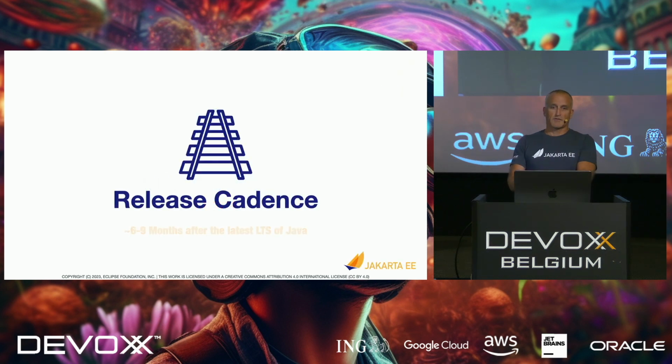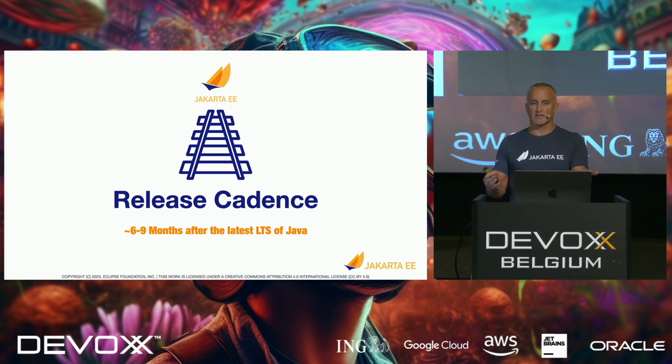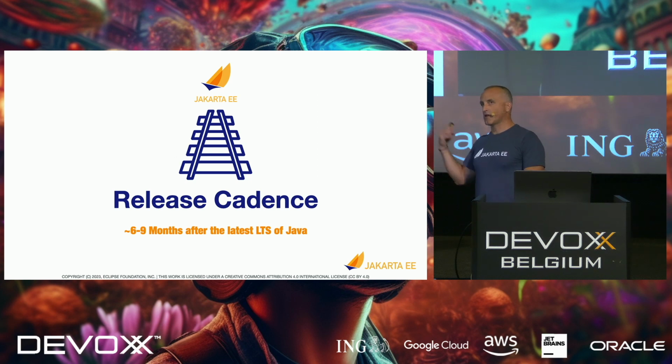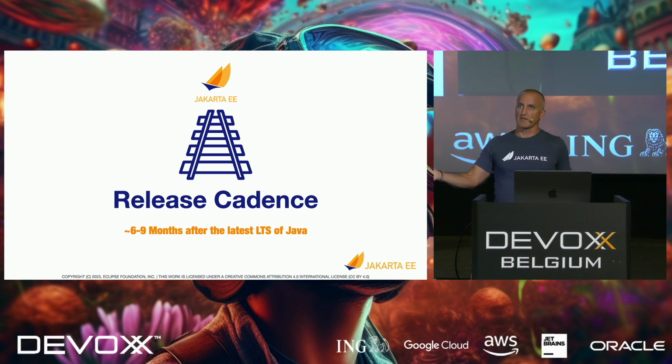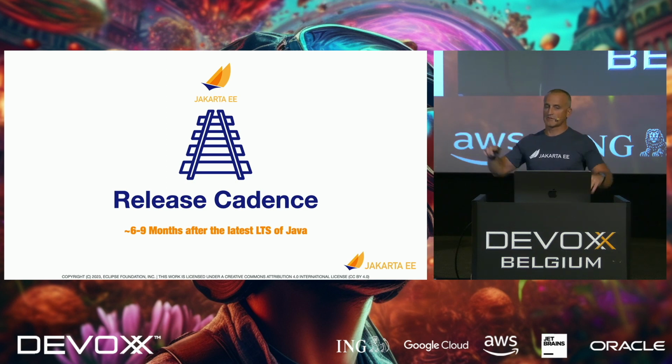And we're trying to establish a release cadence of roughly 6 to 9, maybe 12 months after the latest LTS of Java. So 21 came out a couple of weeks ago, so Jakarta EE will come out like summer next year. And when the next LTS comes, we will try to do the same thing. So we have this kind of predictable, steady cadence, and this is how we hope to be able to manage.